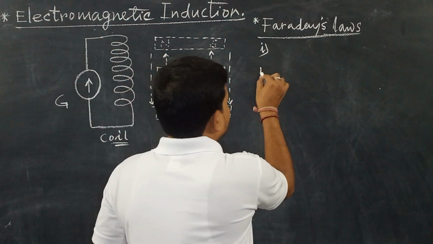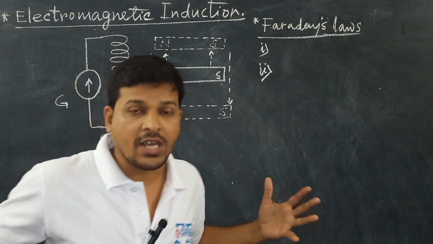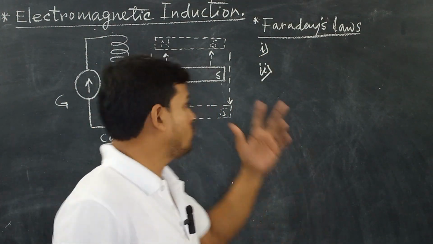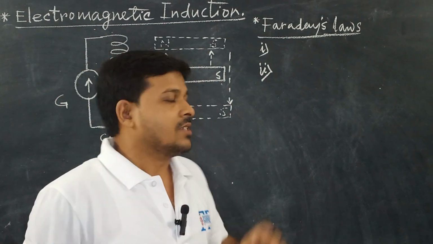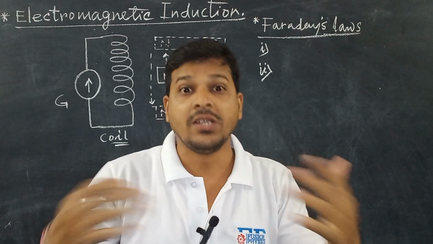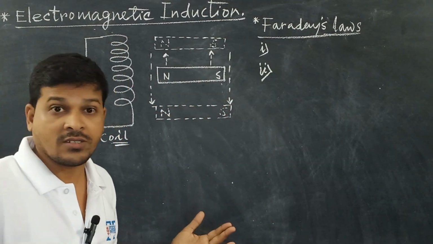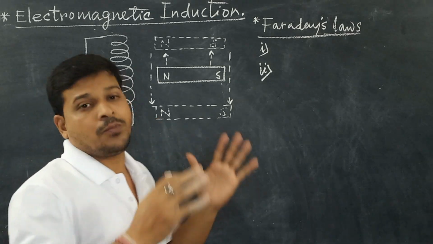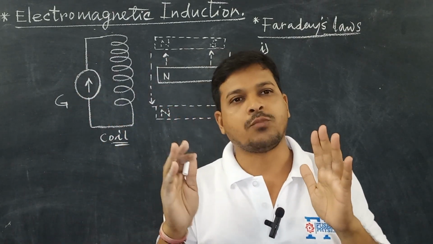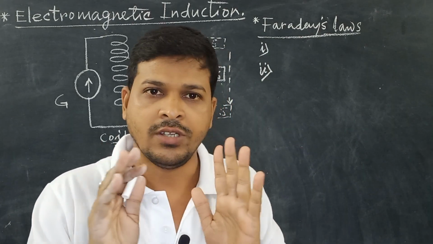The second law states how much EMF will be induced, that is, how they relate to each other. If the rate of change of magnetic flux increases, the magnitude of the induced EMF also increases. That means the EMF induced within the coil is directly proportional to the rate of change of magnetic flux associated with it.